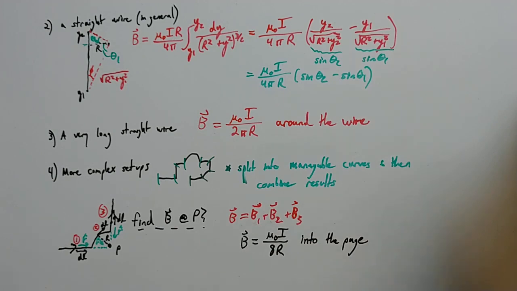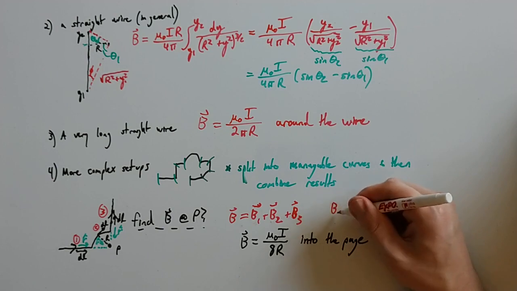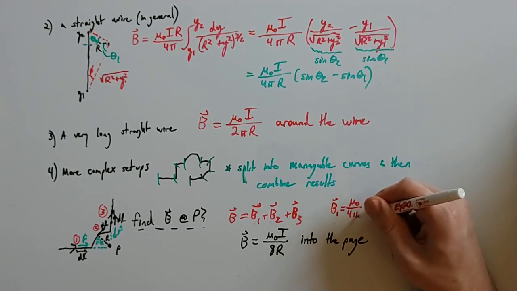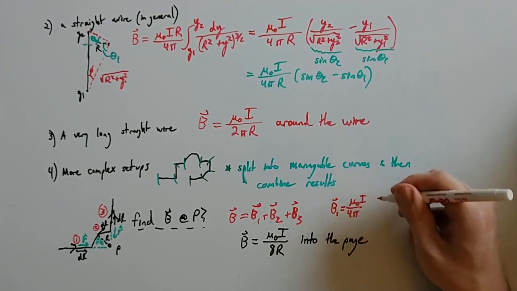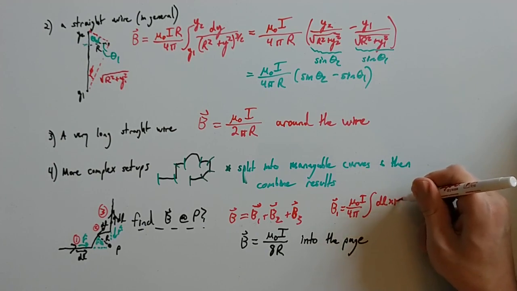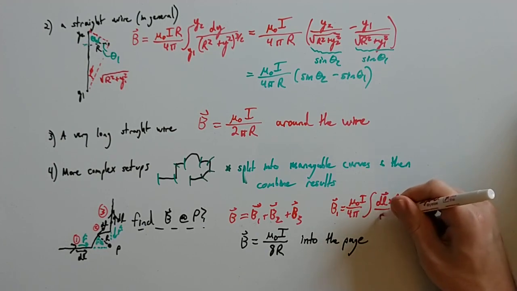You'll have to write down the Biot Savart law. You'll write B1, right, is mu naught over 4 pi, and I is constant, so that'll also come out of the integral, right? Times the integral of dl cross r hat over r squared.